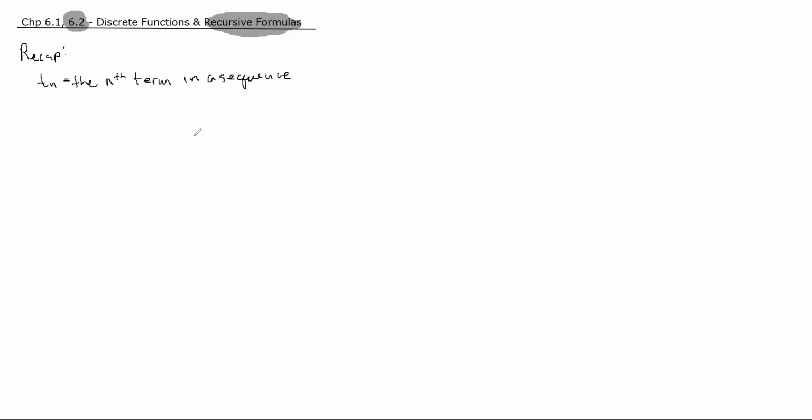Okay. Well, the interesting thing about this is there are some sequences that just can't be expressed by normal explicit formulas. Let me type that out. I think it's a really important part. There are some sequences that just cannot be expressed as an explicit formula.